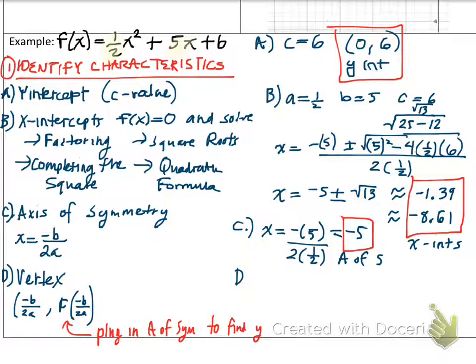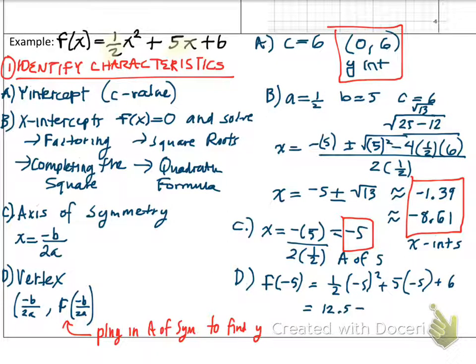So if we actually do this, that means in this case plugging in negative 5 for x. And we get 1/2 times negative 5 squared plus 5 times negative 5 plus 6, which is negative 5 squared is 25 times 1/2 is 12.5, plus negative 25 plus 6.